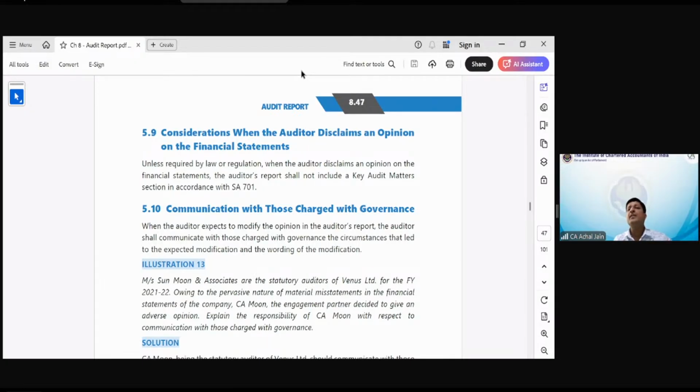This misstatement will be gone. Why? Because it will be rectified. But if they do not agree with this, then they need to know about it. That if this misstatement continues, then the report will not be with the unmodified opinion. Then the report will be with the modified opinion. Okay, clear?